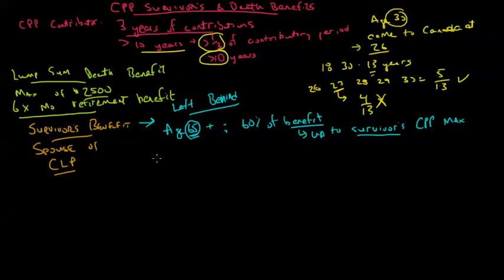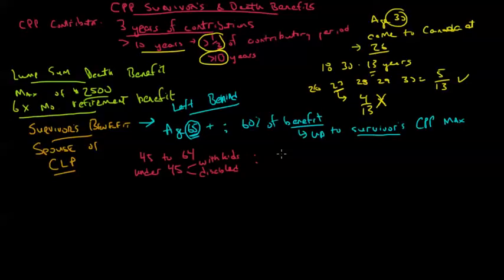Then we have somebody who is between 45 and 64, not yet 65, and there's a second group that fits in here, and this is under the age of 45, but meeting one of two criteria: they're raising a child together, so under 45 with kids, or under 45 and this person themselves is disabled, meets the CPP criteria for disabled.